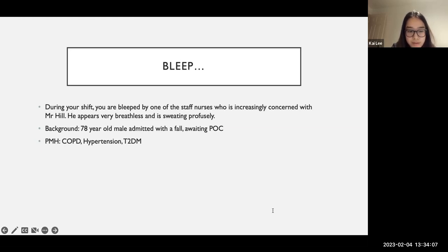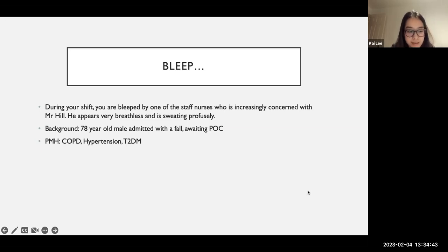What sorts of investigation we might like to think of at this stage? So for chest, in terms of breathing right now, an ABG would be really useful in terms of giving us an immediate snapshot of the patient's current oxygen saturation.